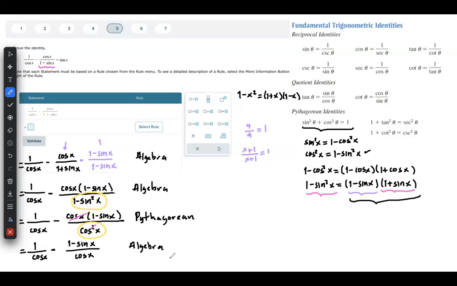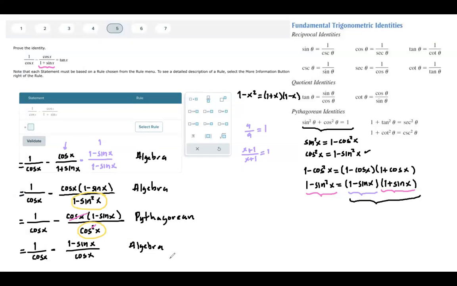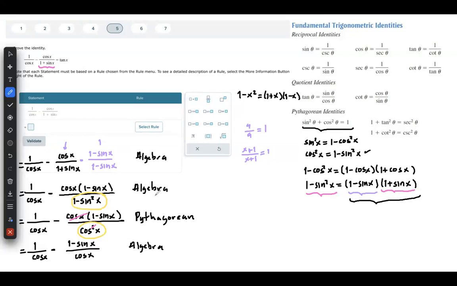Now that I have this, just as I mentioned before, whenever I have a difference that becomes a multiplication or simply one factor, some common denominator is going to be involved in the process most of the time. So here I'm going to have this as equal to 1 minus, and don't forget that that minus will affect this entire expression, 1 minus sine of x divided by cosine of x.